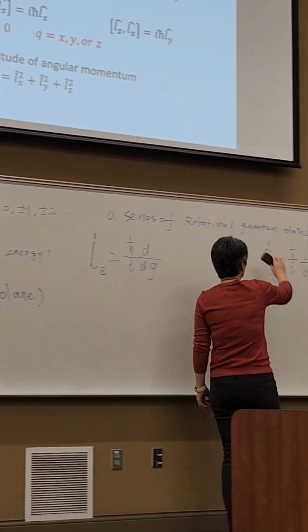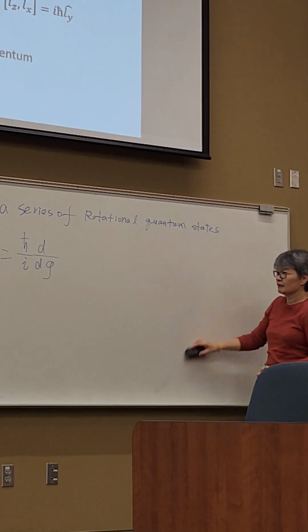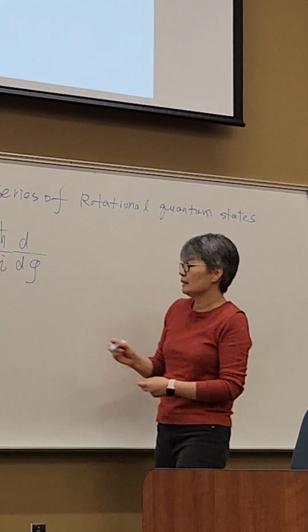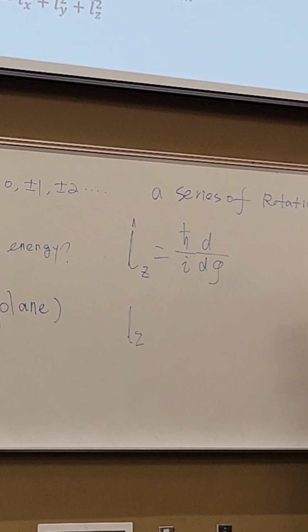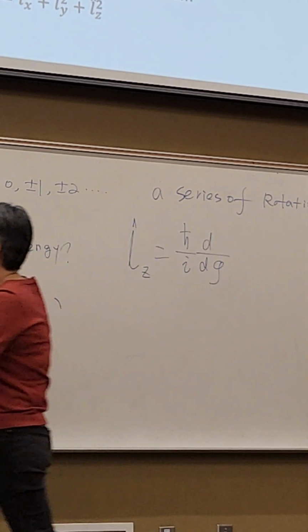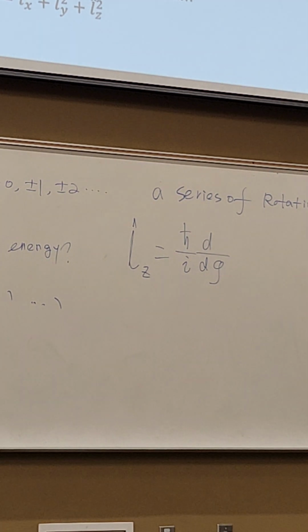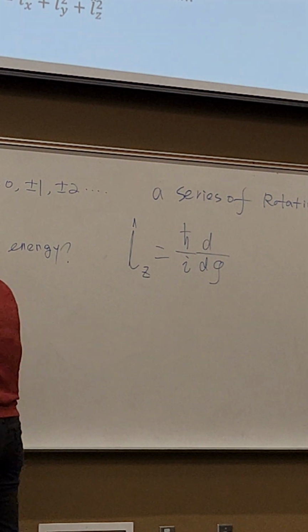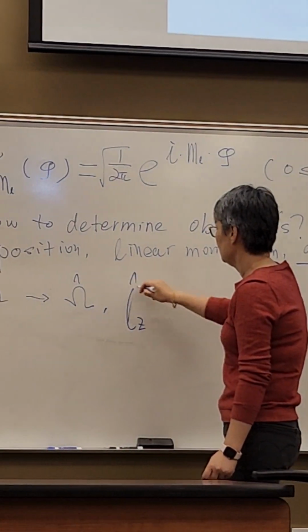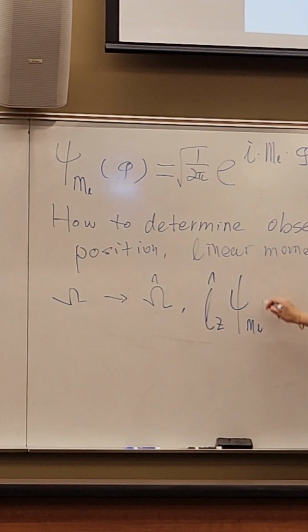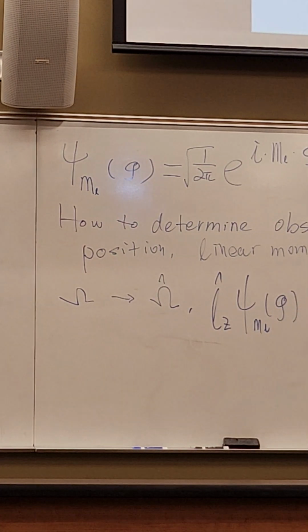Okay, if we know the operator, that's good. Now, how to predict? One way to predict is you have this operator, so you could have the operator operate onto the wave function.